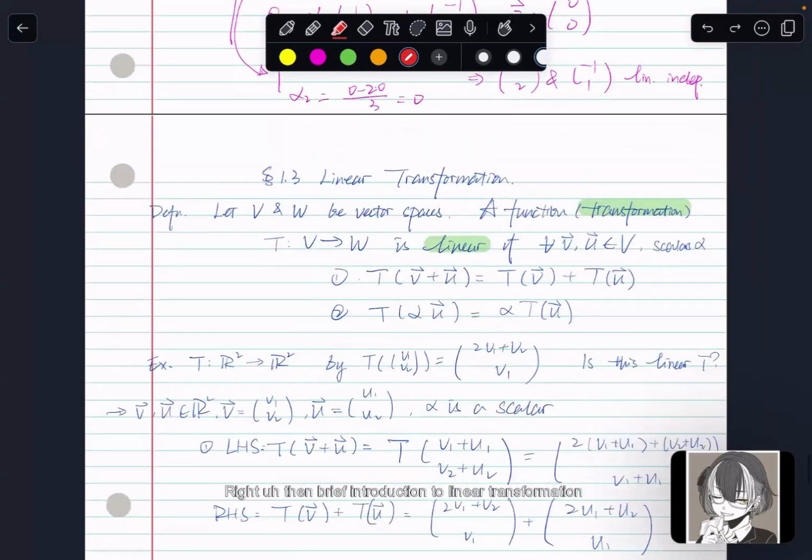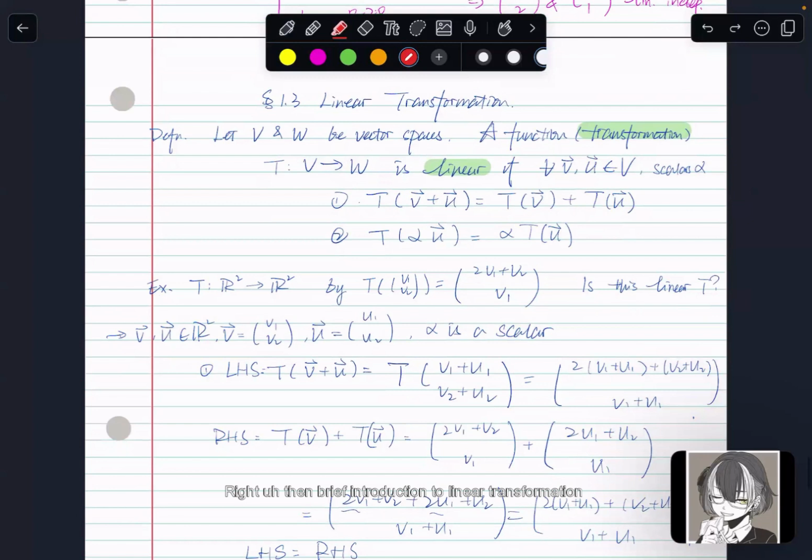Then, a brief introduction to linear transformation. If I have two vector spaces, V and W, we call a function, or in this case a transformation, linear if this transformation mapping from V to W satisfies, first, the transformation of the sum of two vectors is the sum of the transformations of either vector.